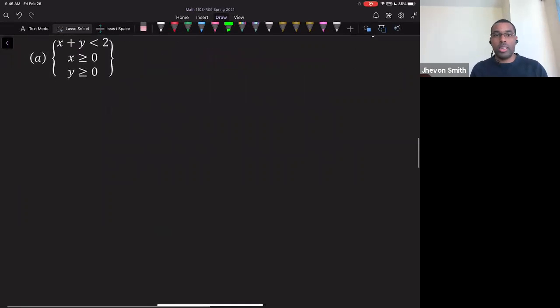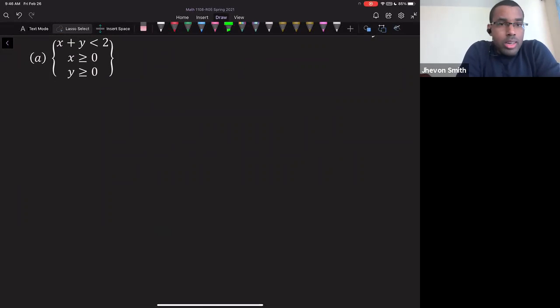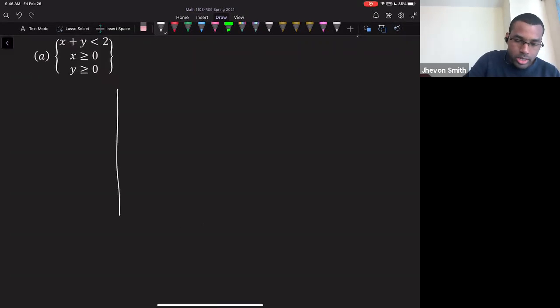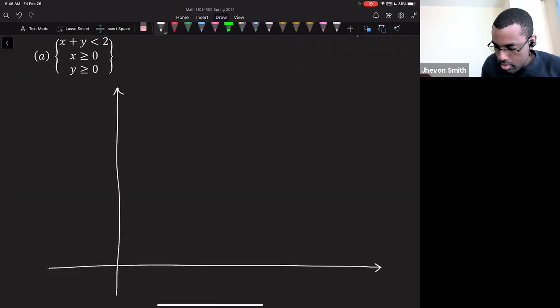So here's the first example. This is a relatively small, simple system of 3 inequalities, and we're going to find the feasible region. We will start by trying to sketch what's going on. We first want to sketch x plus y is less than 2.